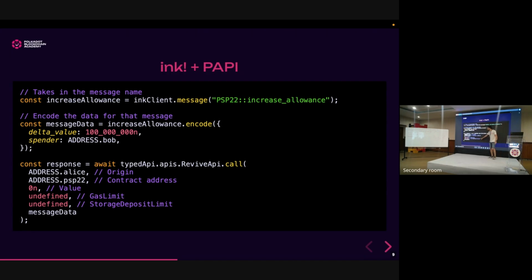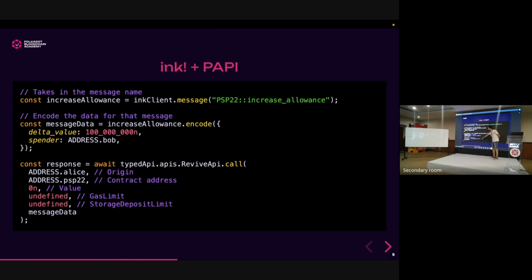So you also have to pass this. Now, because it's a dry run, you can just pass undefined, and it will do unlimited, and it will give you back how much that has cost. So you can take a look and then take a decision with that. And lastly, the encoded data of the contract.